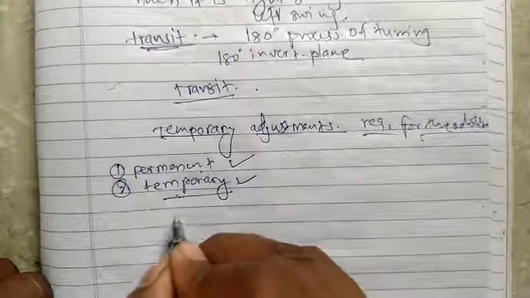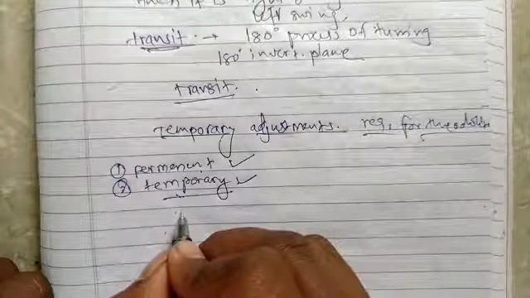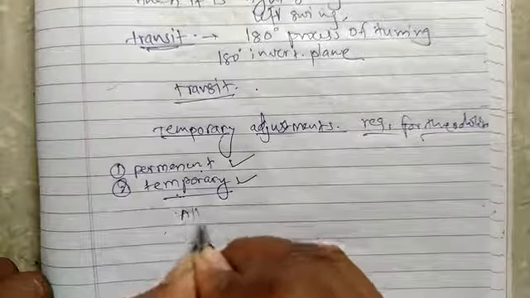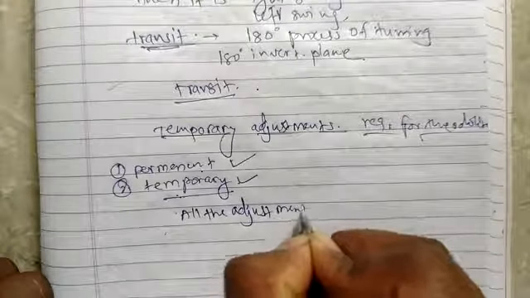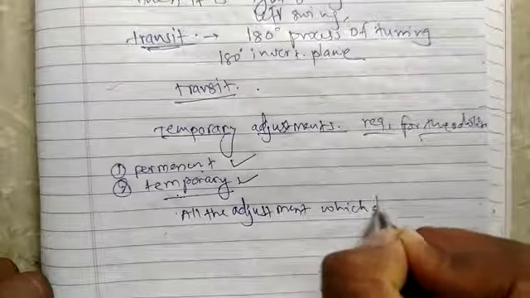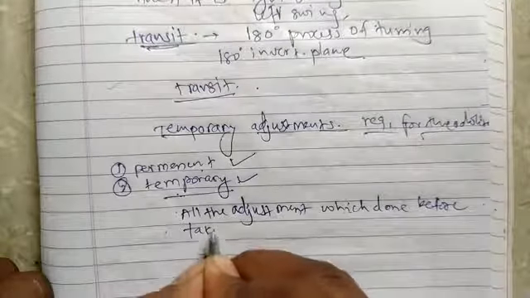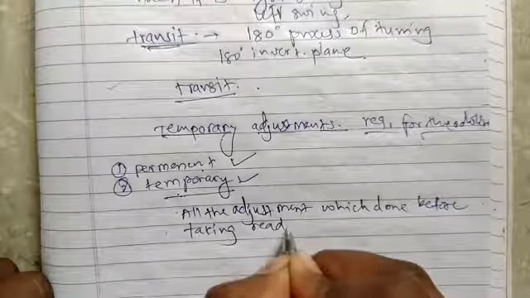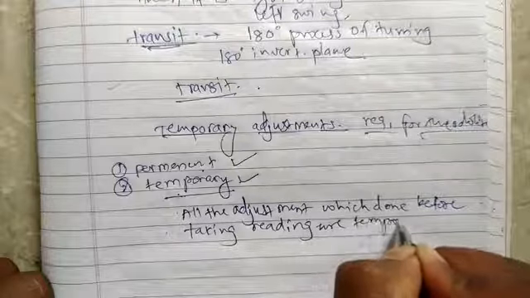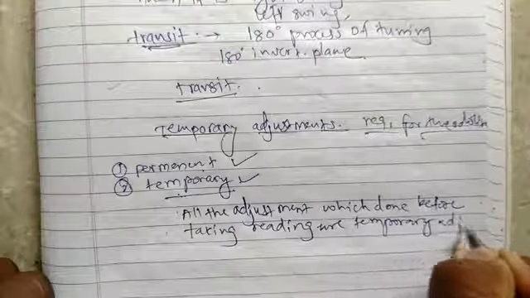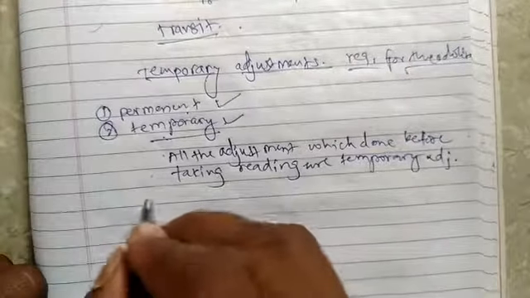Whenever we take this instrument from our office to the site for measurement, all the adjustments done before taking the reading are temporary adjustments. Which are the temporary adjustments we do before taking reading?